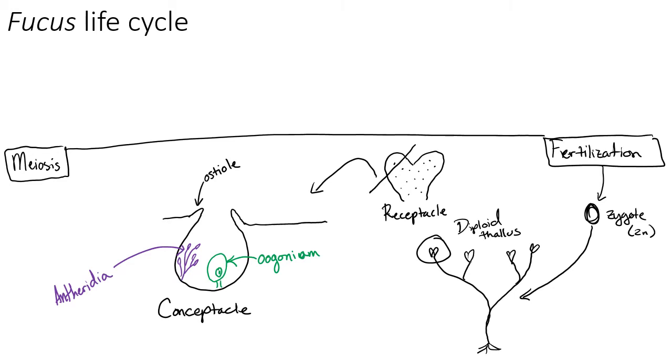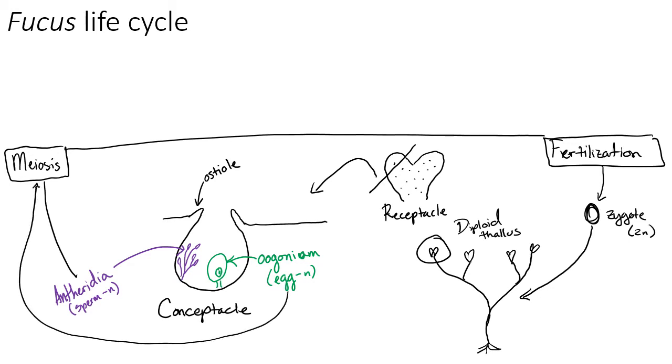So we have that oogonium, and that is going to make the egg by mitosis, and the antheridia is going to make sperm by mitosis. No, not mitosis, meiosis, sorry. So the antheridia undergo meiosis, and the oogonia undergo meiosis.